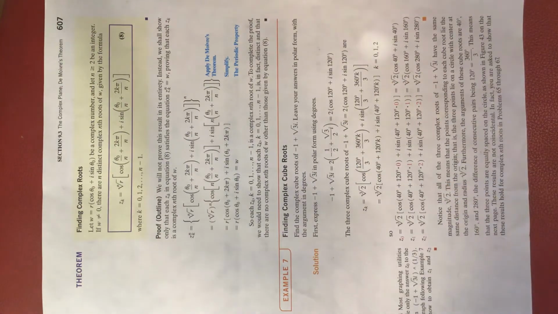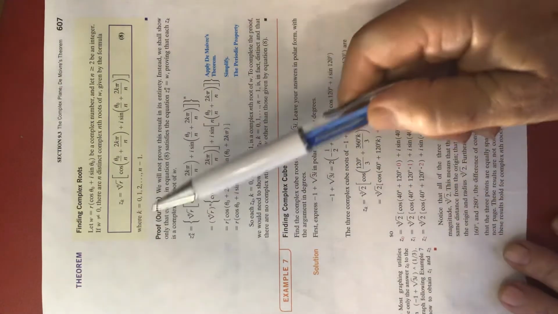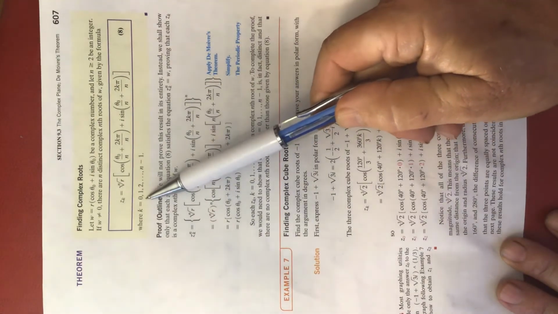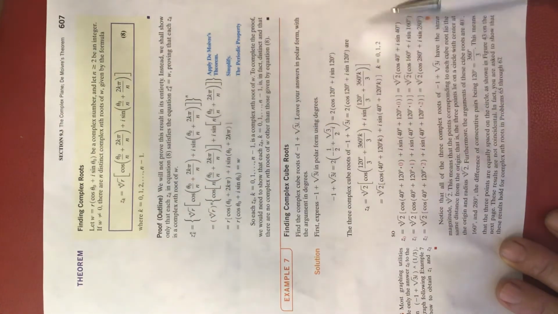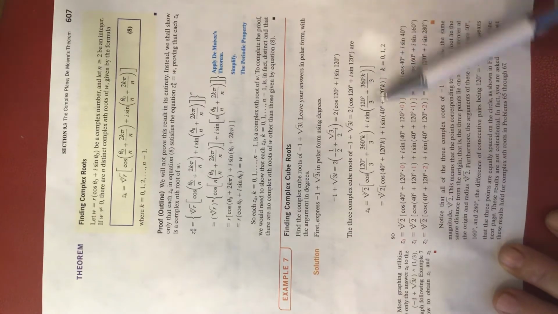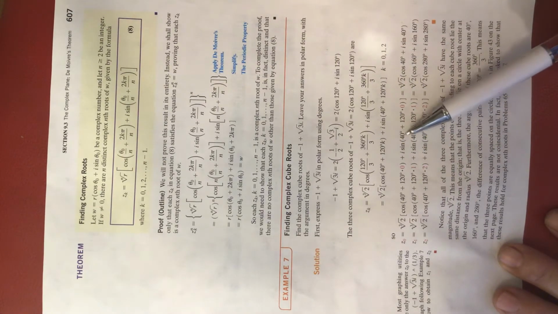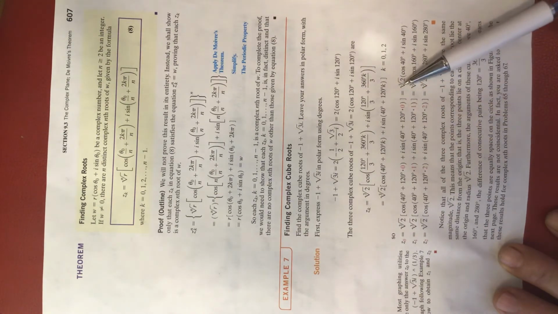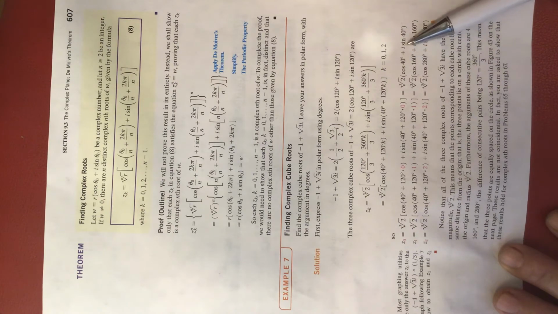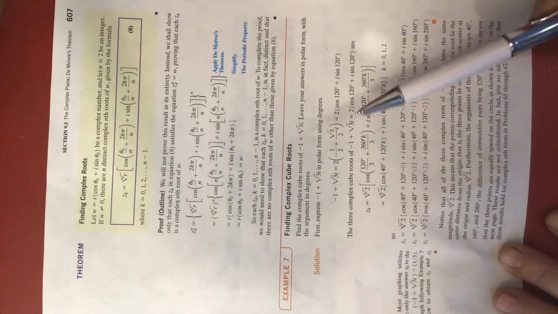Since this is the cube root, there are 3 answers. And so we find the 3 answers by using the first 3 values, 0, 1, and 2. So we put 0 in for k. We get the cube root of 2, cosine of 40 plus i sine of 40 degrees.